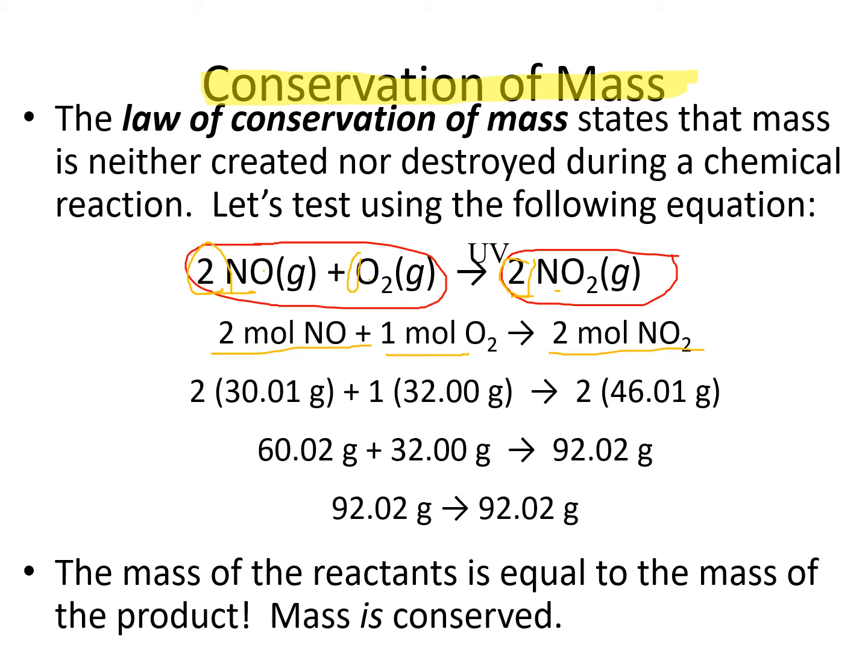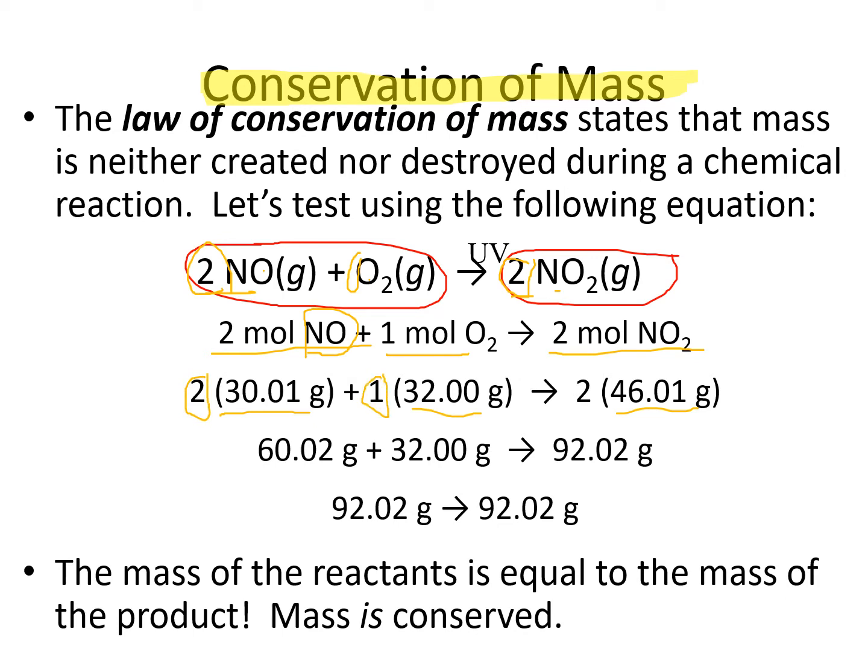Let's find the molar mass of these guys. Remember, the molar mass comes from the periodic table. Nitrogen is 14.01, oxygen is 16. Add them up, you get the molar mass of nitrogen monoxide as 30.01. O2 is 32, and nitrogen dioxide is 46.01. And then this is just how many moles we have.